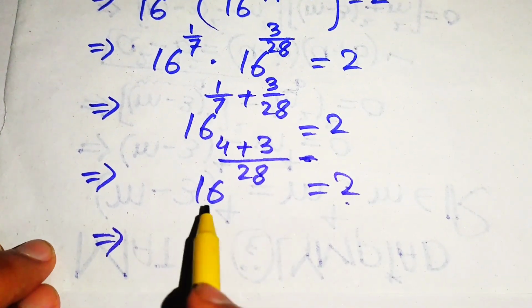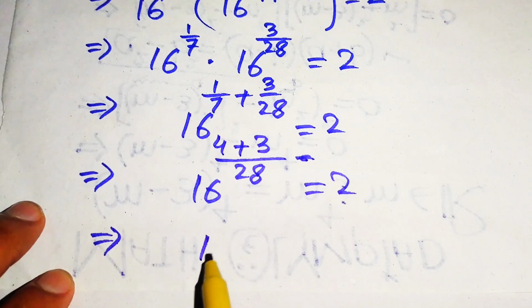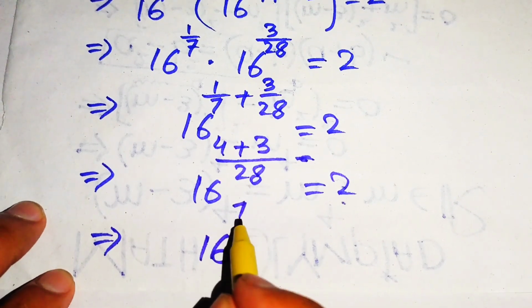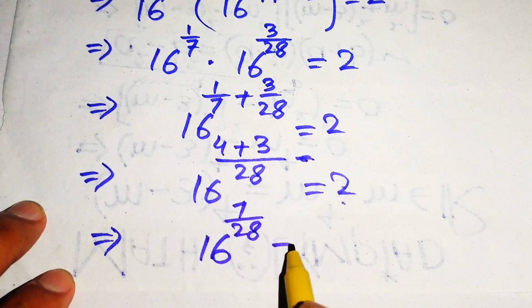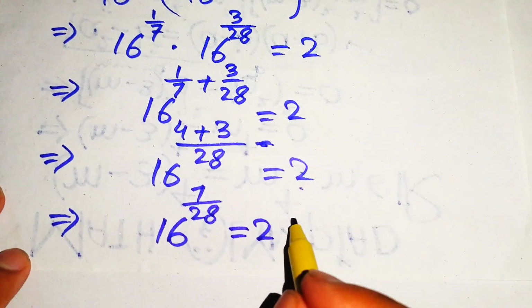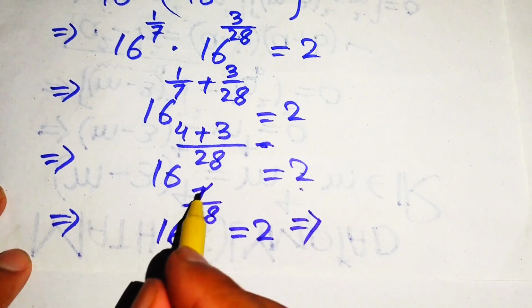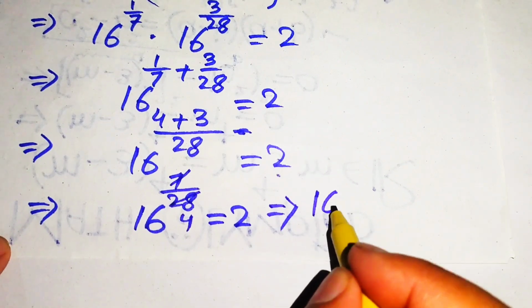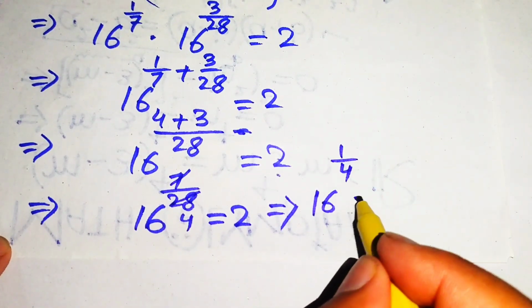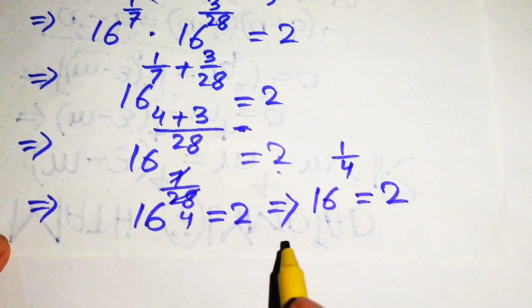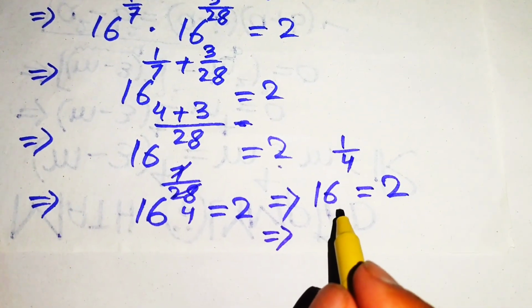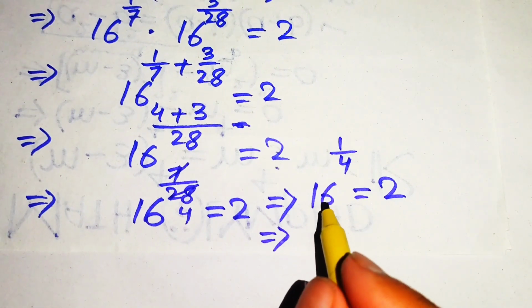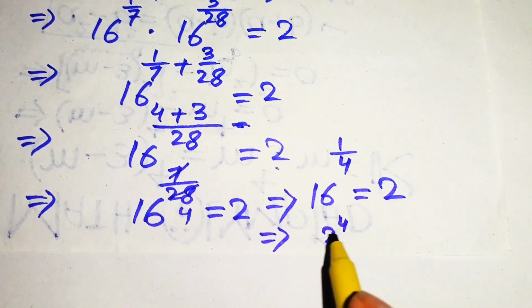Here we simplify the exponent, and we write it as 16 to the power of 7 over 28 equals 2. This equation implies, since 7 4s are 28, that we get 16 to the power of 1 over 4 equals 2. This implies that we write this 16 as 2 to the power of 4.